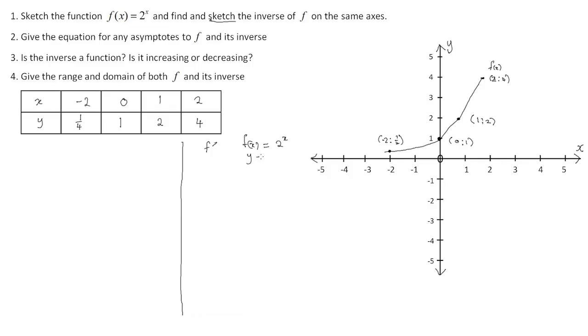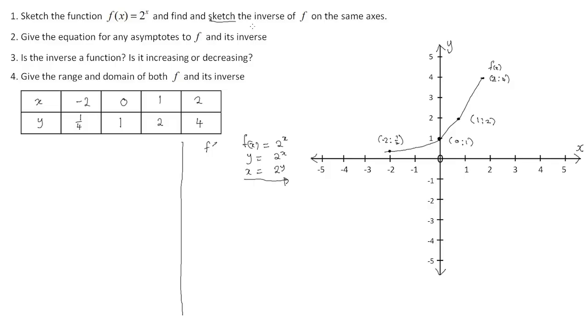This is the same as y is equal to 2^x. Now change the values. This will be x is equal to 2^y, and you remember we leave it like that.